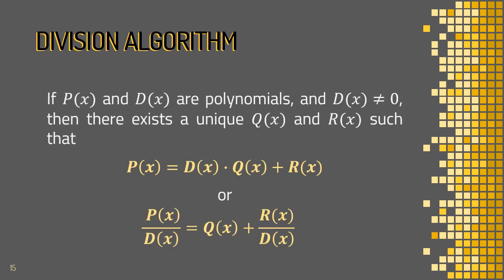If p of x and d of x are polynomials and d of x is not equal to 0, then there exists a unique q of x and r of x such that p of x is equal to d of x times q of x plus r of x, or p of x divided by d of x is equal to q of x plus r of x over d of x, wherein p of x is the dividend, d of x is the divisor, q of x is the quotient, and r of x is the remainder, which are all polynomials.